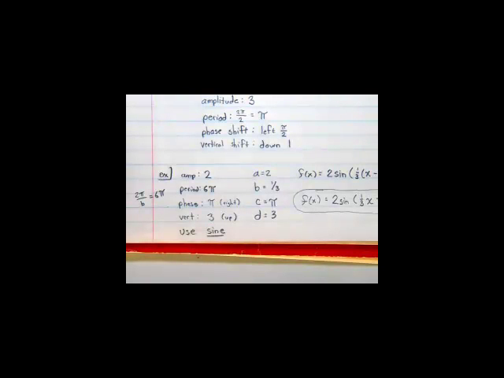So this is the initial plugging everything in, and this is simplified. You have to distribute the 1/3 to x, which is 1/3 x. And then if you multiply 1/3 times pi, think of it just as pi over 1, if that's helpful. 1 times pi is pi, 3 times 1 is 3, so it's pi over 3.